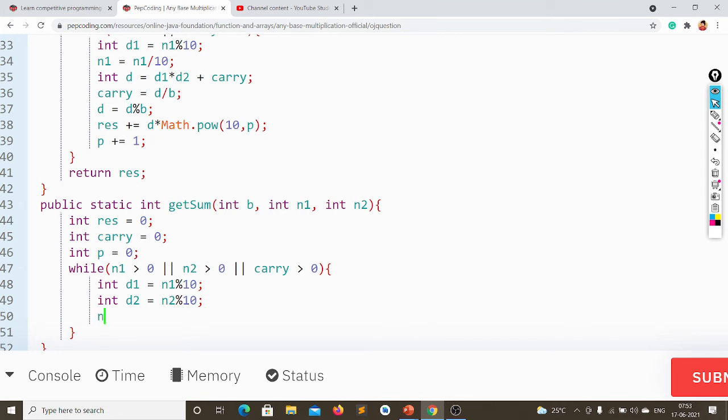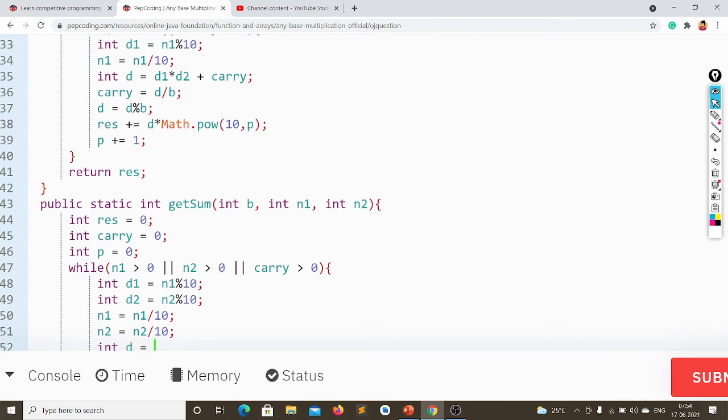Okay, and my n1 will be n1 by 10 and my n2 will be n2 by 10. My int d will be d1 plus d2 plus carry.